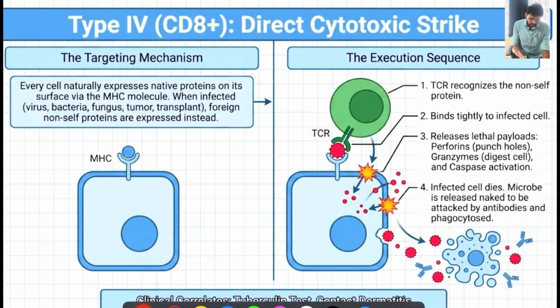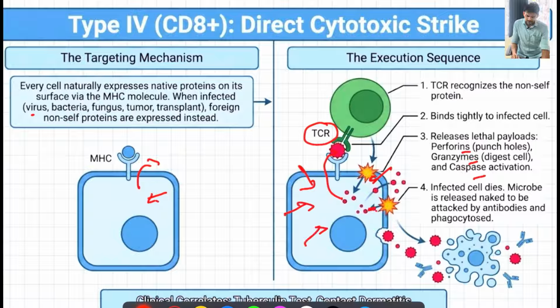This mechanism I have already explained. For example, in some viral infections, a particular cell keeps part of the antigen outside the cell surface, and this is recognized by the T cell receptor. When they bind to this antigen, they release lethal chemicals like perforins, granzymes and caspase activation, making multiple perforations into the cell.